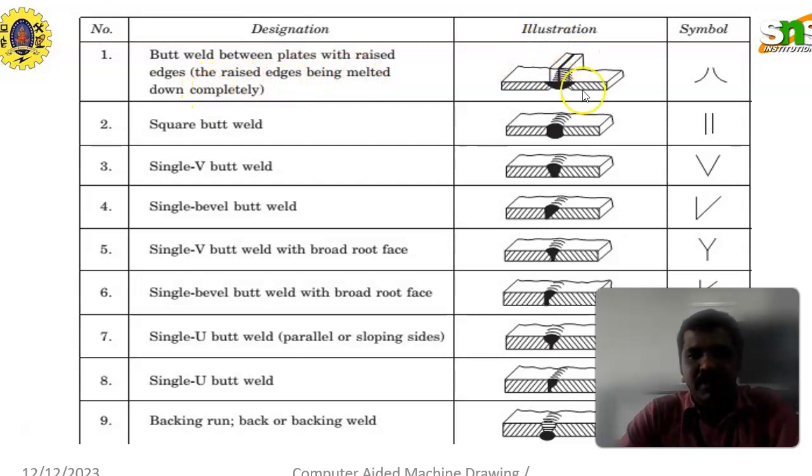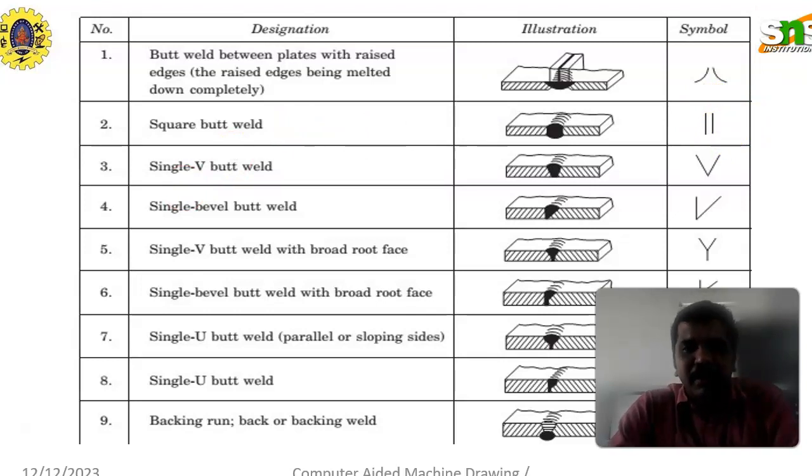The illustration of the diagram is like this, and this is the symbol used to represent it. A square butt weld is represented by two parallel lines. This is a symbolic representation.